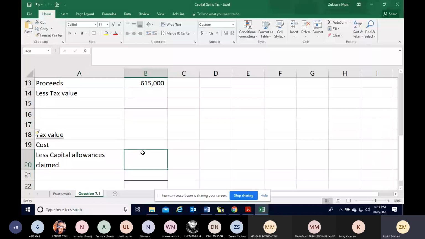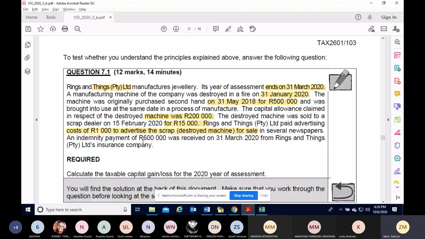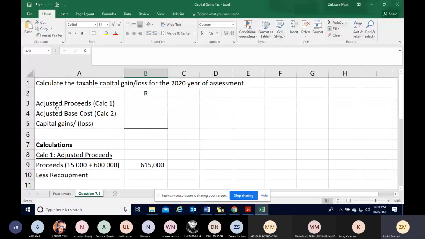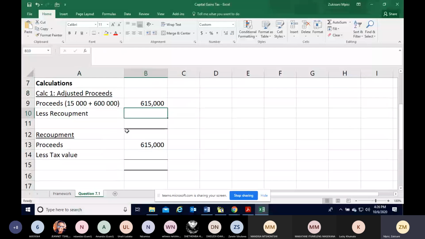Let us now go back to the question and see if we can get all these things. Remember, you want to calculate adjusted proceeds, and this is calculation 1. Adjusted proceeds is proceeds less recoupment, and now we do not have recoupment.